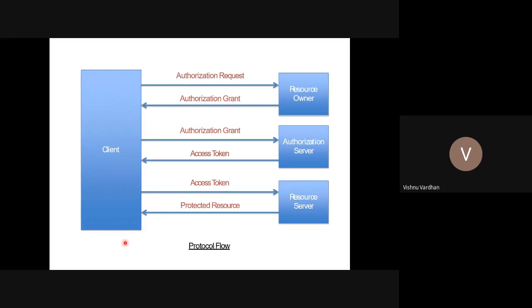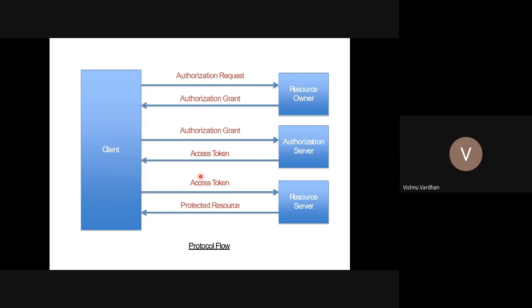This particular slide we already discussed in the previous example also. The same flow is taken in the authorization code grant. First of all, the request is made to the resource owner. The authorization grant will be available, and using the grant, it will make the request to the authorization server, and now the token is not released to the client.